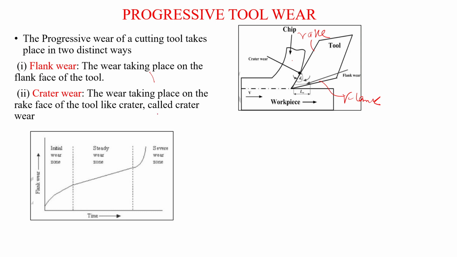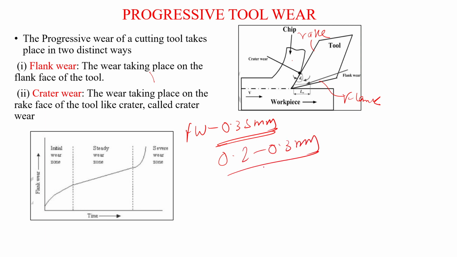For example, if the flank wear reaches around 0.35 mm, or around 0.2 to 0.3 mm, then you can consider that the tool life is finished.